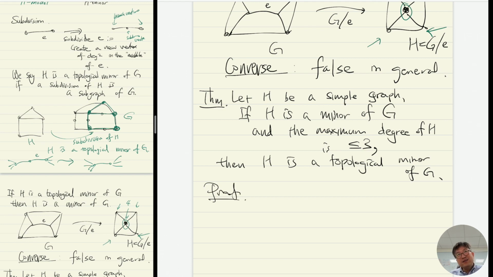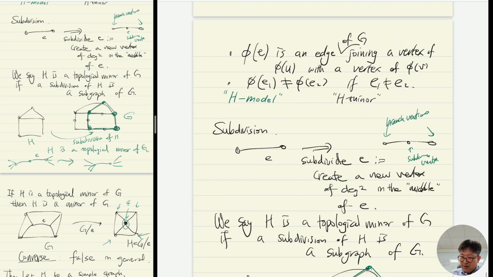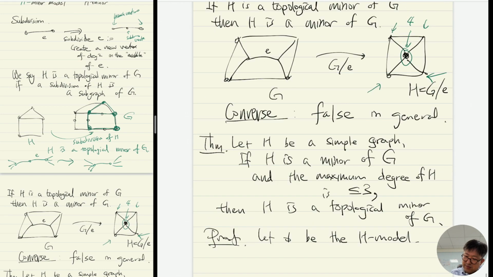So let's consider the minor model, right? So let phi be the H minor model. That will be simpler probably.